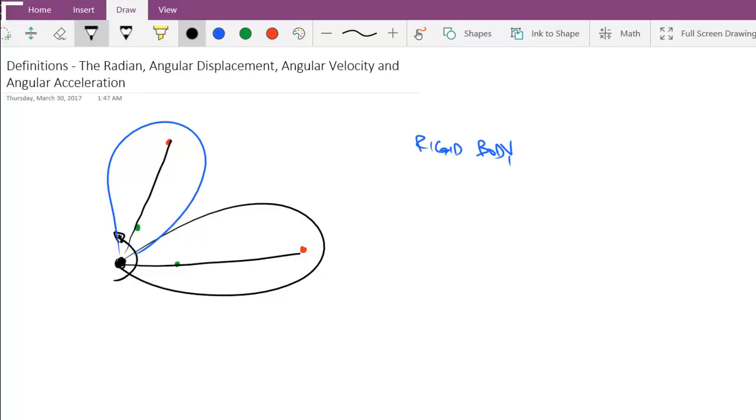So as this rotates, let's say that we had it here at some initial angle, we'll call it theta initial, and it rotates up through some final angle, we'll call it theta final. Now, as it rotates, we see here the path of the red part of the mass is much longer than the green, and that's because the red is much farther from the point it rotates, or what we call the axis of rotation, or the point of rotation, or the pivot point.